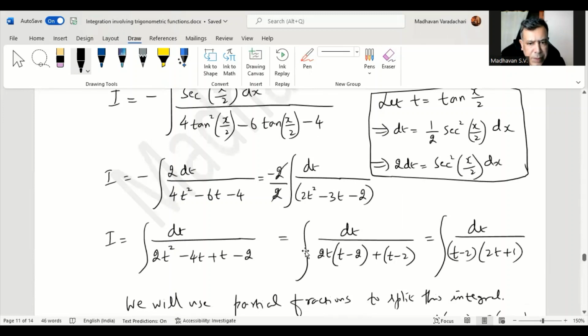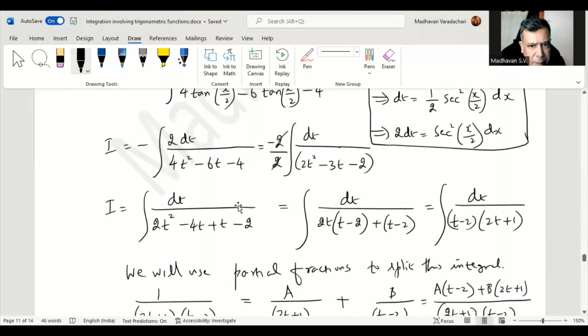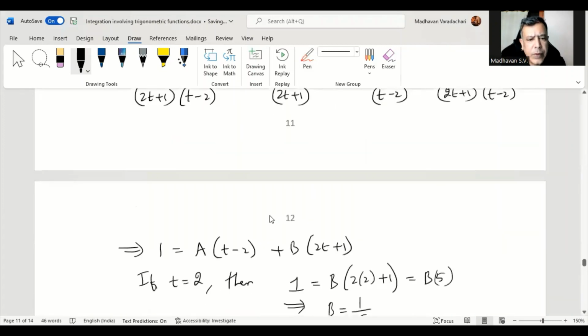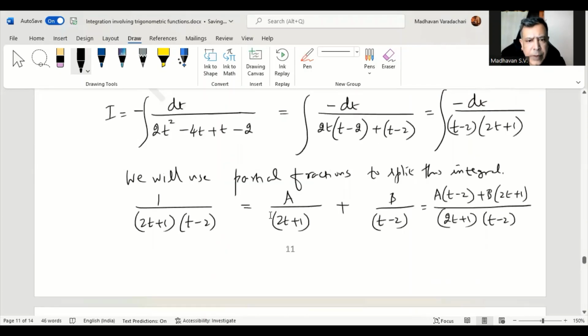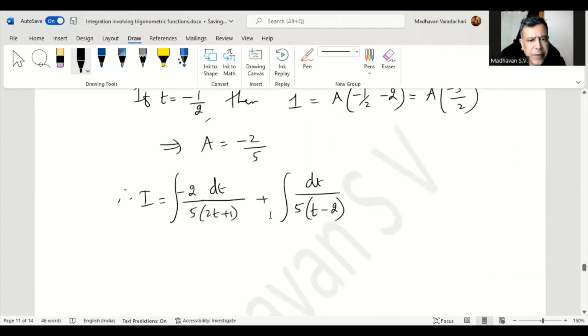I think I missed something. Yeah, here I missed this thing. Minus 2 by minus 1, actually it is a negative 1. The negative sign is still there. So here also it will be negative dt. Here also it will be negative dt. So here I need to incorporate negative everywhere. So this will become positive and here it will become negative.